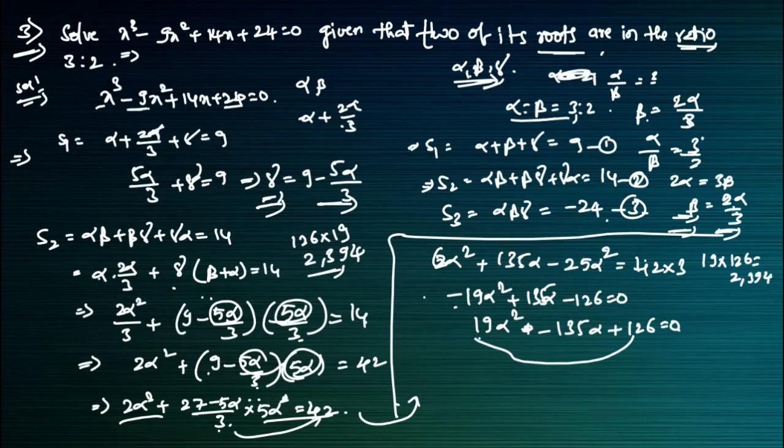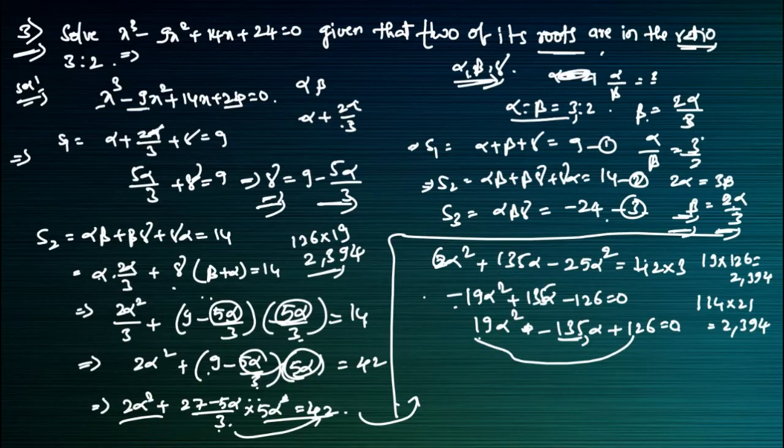So again we have to split the middle term. So I will take 114 into 21, multiply that once, and the same 2394 we will get.